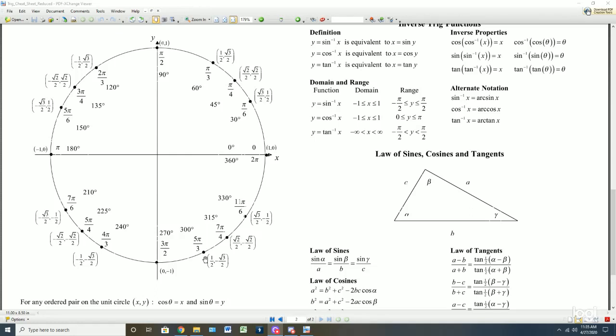Negative 2 pi over 3, therefore, is over here. So negative 2 pi over 3 is equivalent to 4 pi over 3. You guys see that? If I subtract pi over 3, I should be here. If I do another one, it should be here.